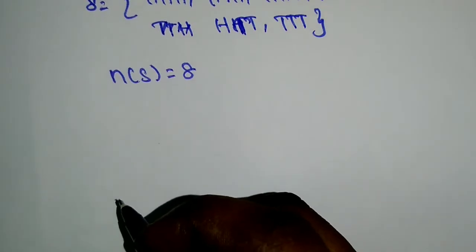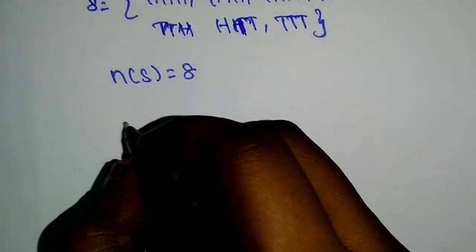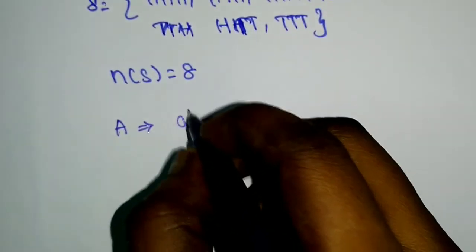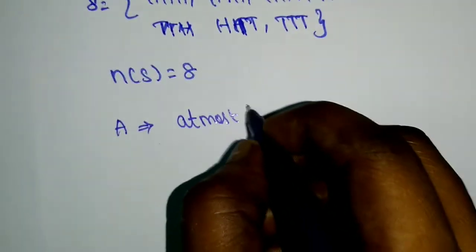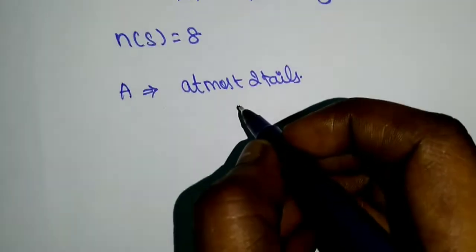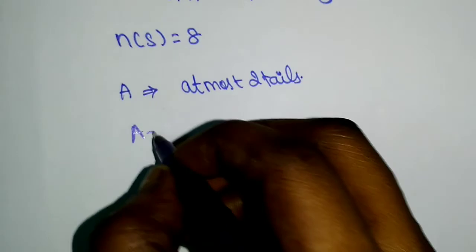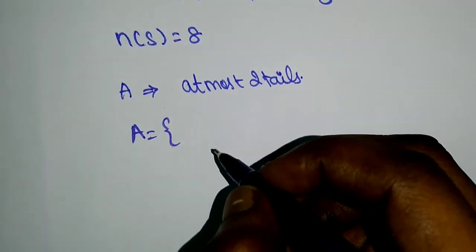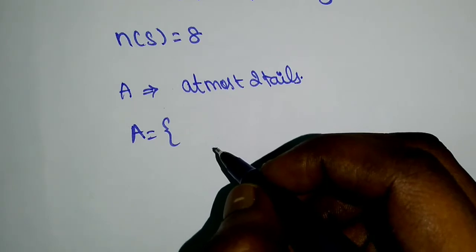Okay. Now we have to find at most 2 tails. Okay. This is A. So A be getting at most 2 tails. Okay. So A is equal to at most 2 tails means 2 tails, 1 tail or no tail. Okay.